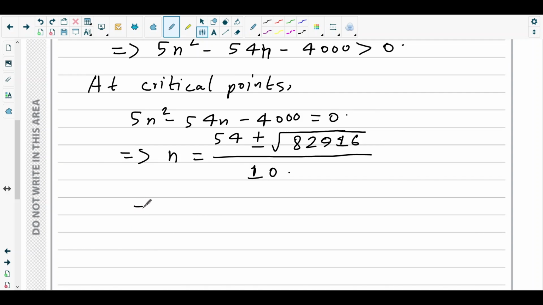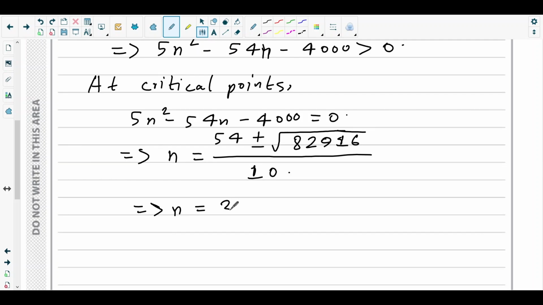So definitely the value for n should be positive, because n is the number of terms. Number of terms can never be negative. Okay, so we will ignore the negative one. So this will give you either n equals to the square root of 82,916, it is 287.951 something, plus 54 over 10.